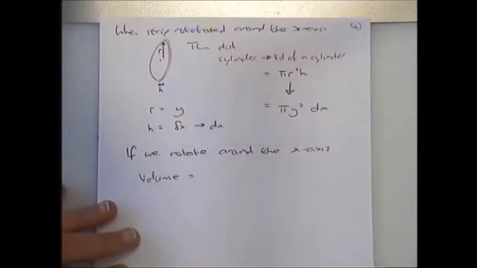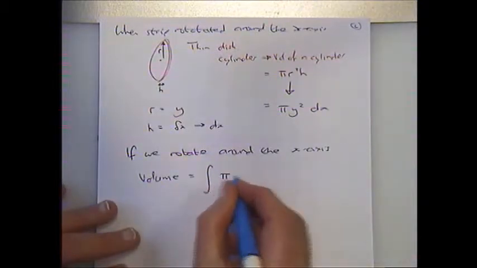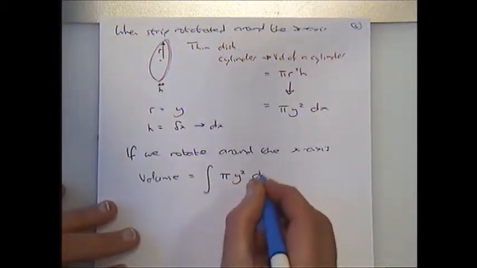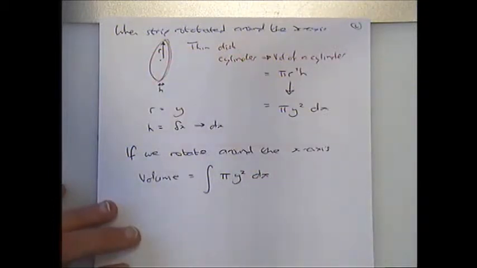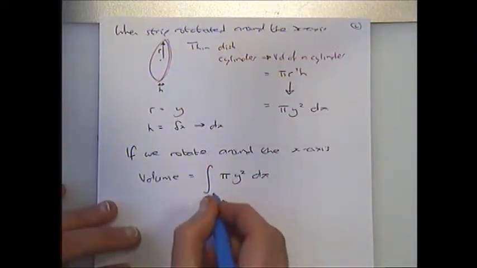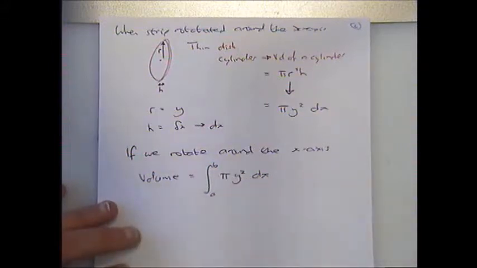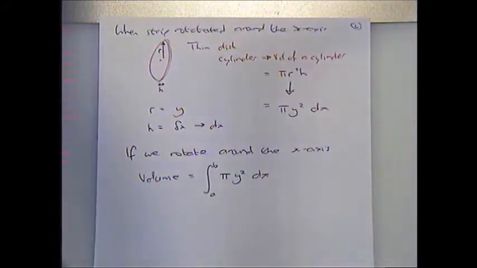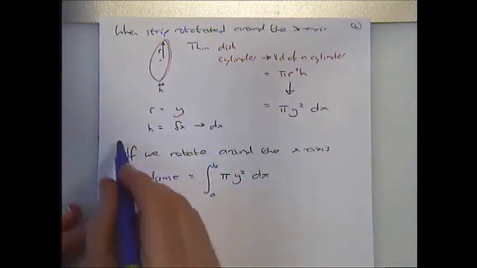We're going to add up lots of these little ones, and that's where the integrating comes in. So we are integrating pi y squared dx between two limits. So that's the general red box rule, if you like, for rotating around the x-axis.